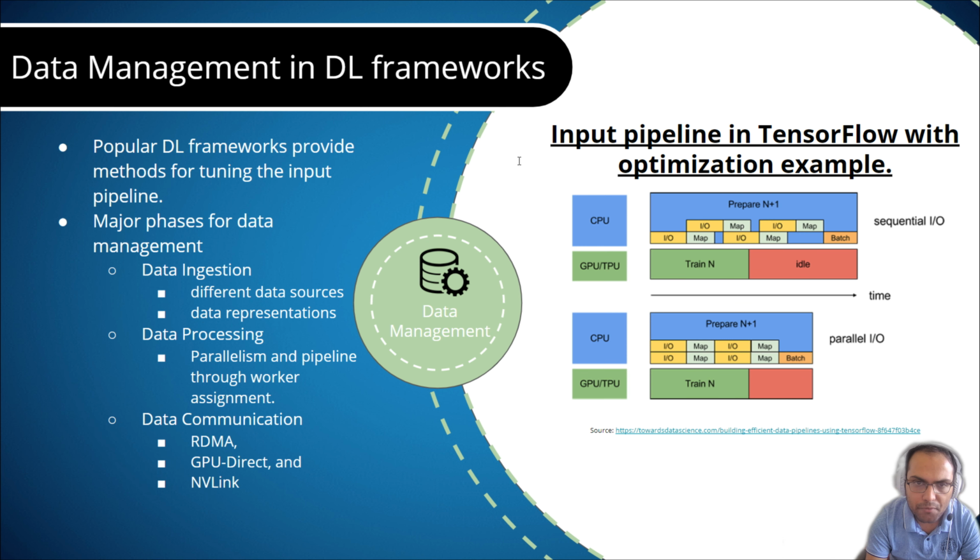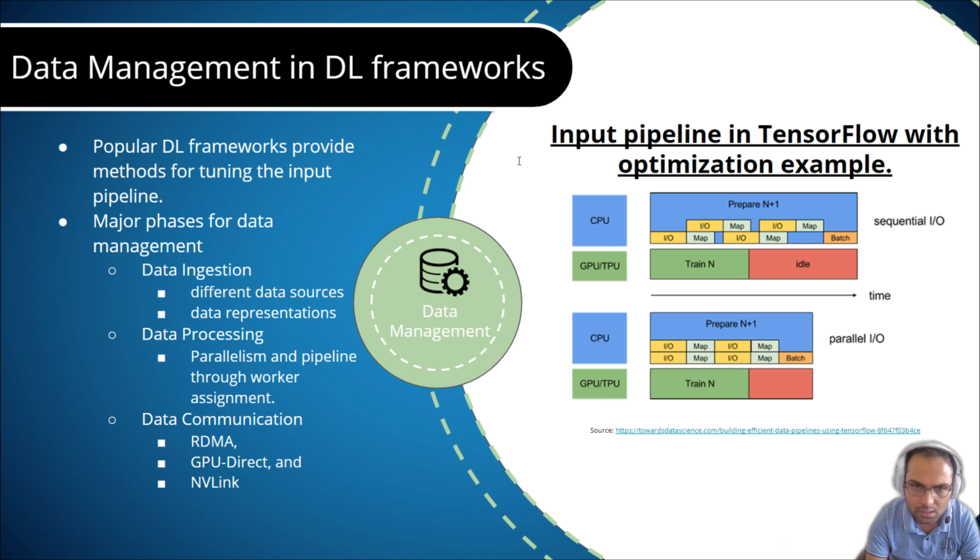Popular deep learning frameworks such as TensorFlow, PyTorch, and Caffe provide infrastructure to optimize data management required by deep learning methods. In general, the data management in any deep learning technique has three phases. Data ingestion, that is, how the data is read from several sources into memory for input processing.